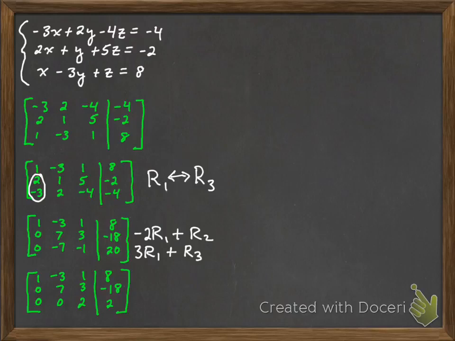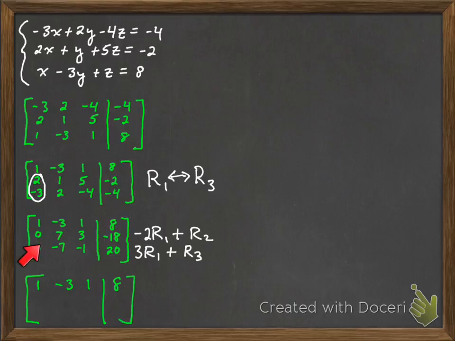All right, so I'm going to do things a little bit differently here. I want to keep in the same line of what I've been doing before. And so the top row, once we get that 1 in the top left corner and the zeros underneath it, that top row is done.